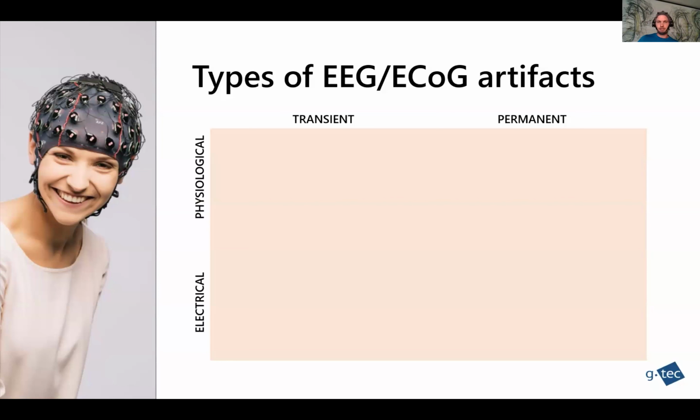And you can basically characterize this in 2 dimensions. There is a way of having physiological artifacts or electrical artifacts, and they can be either transient, so they occur only every once in a while in bursts or something like this, or they are quite permanent.